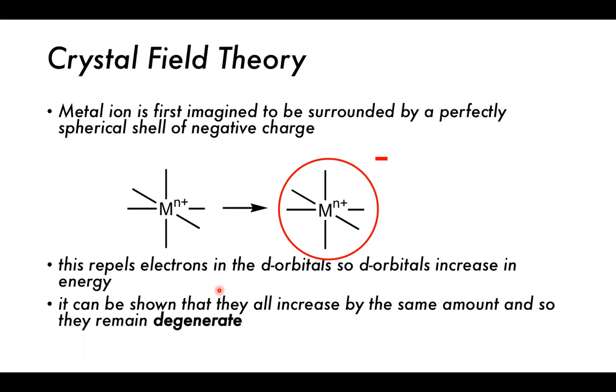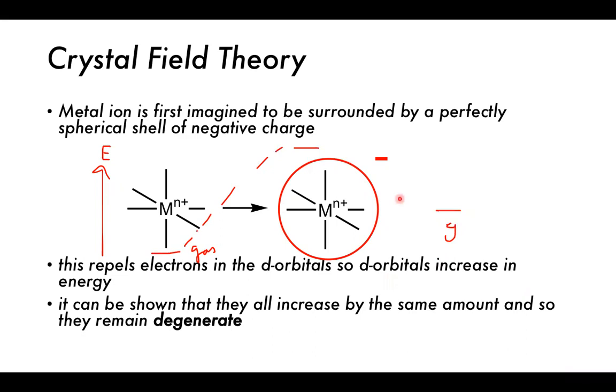So we go from the 5d orbitals at the gas phase. I'm going to write G for gas. Then if I bring it in, we see that there is an increase in energy, if this is the energy E, on the addition of this sphere of negative charge.